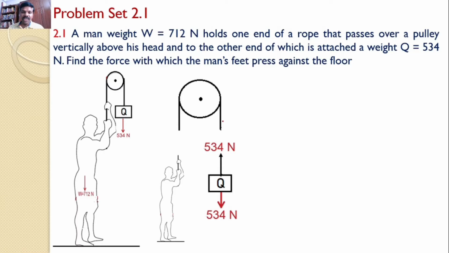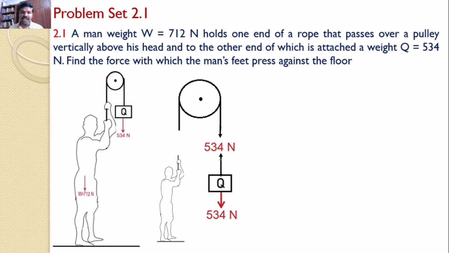The same rope is passing over the pulley. So if you draw the free body diagram for the pulley, on this side the force in the rope must be downwards.